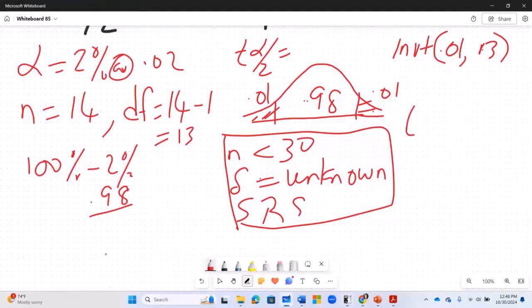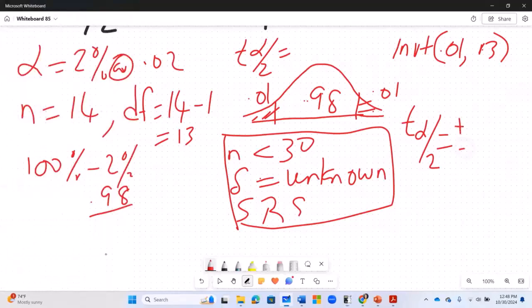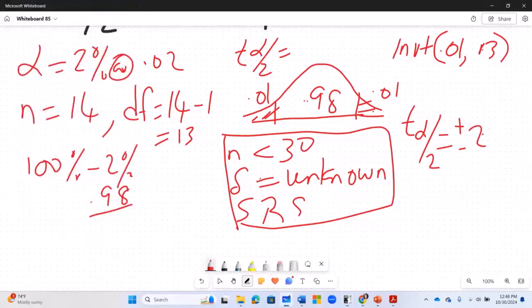Therefore, I can write T alpha over 2, because it's two-tailed, is equal to plus or minus 2.65.